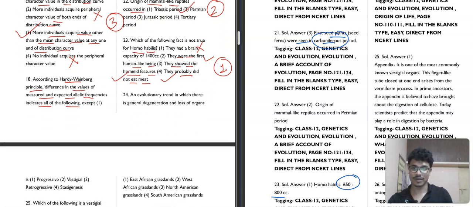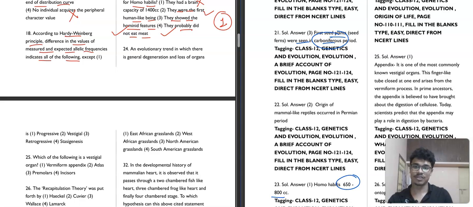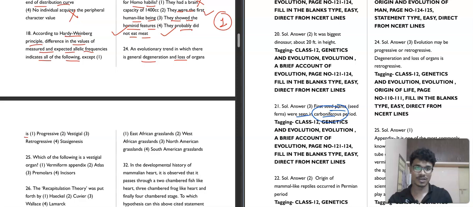Then question number 24. It is saying that an evolutionary trend in which there is general degeneration and loss of organs is progressive, vestigial, retrogressive or static genesis. Okay, what do you think could be the answer for this question? So this is basically retrogressive, the evolutionary trend in which there is a degeneration of organs and loss of organs.